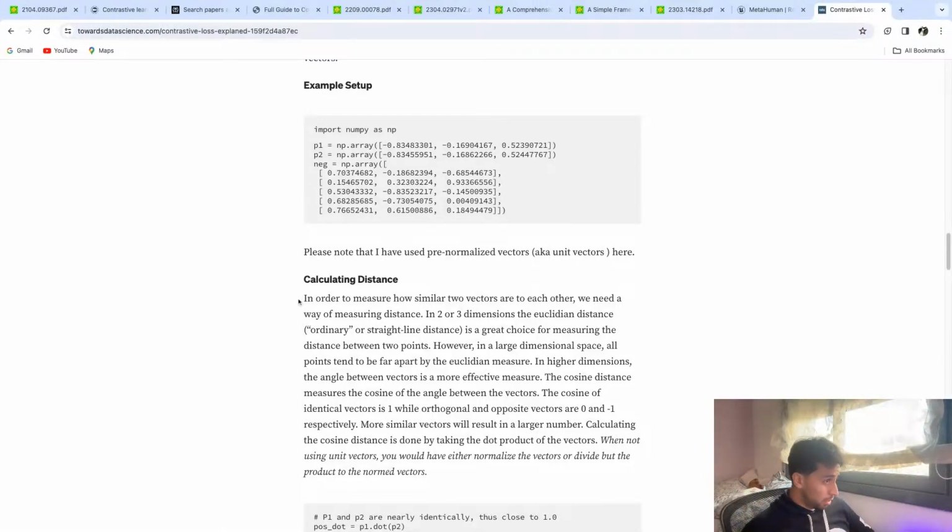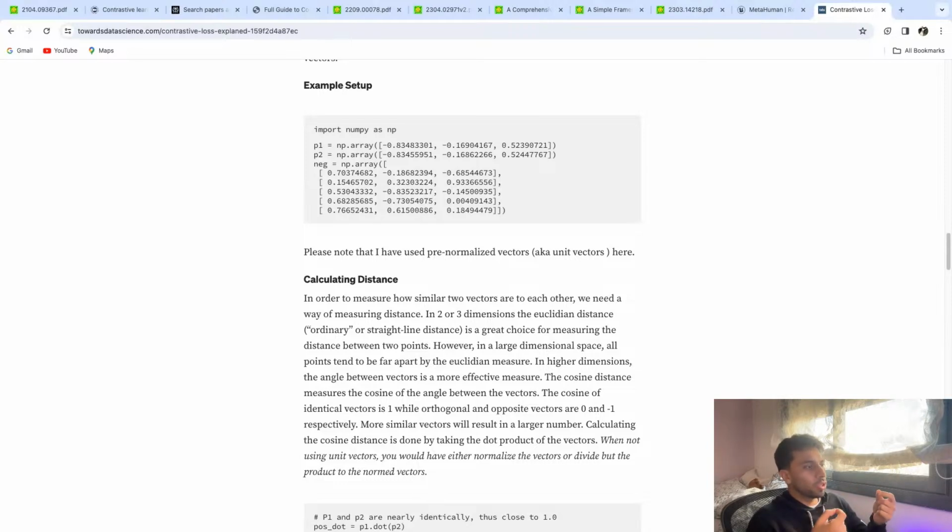Okay, calculating the distance. In order to measure how similar two vectors are to each other, we need a way of measuring distances. In 2 or 3 dimensions, the Euclidean distance, ordinary straight line distance, is a great choice for measuring distance between 2 points. However, in a high dimensional space, all points tend to be far apart by the Euclidean measure.